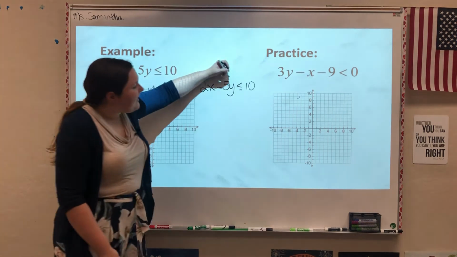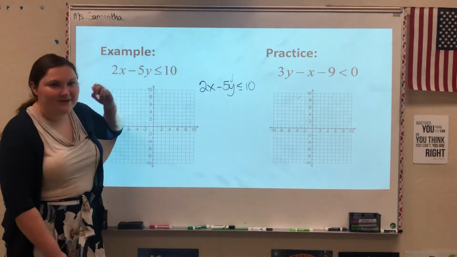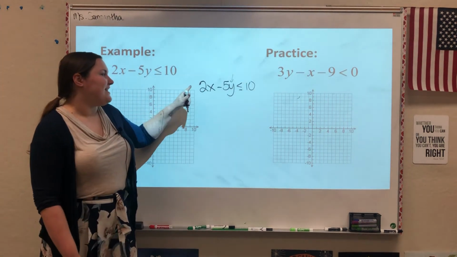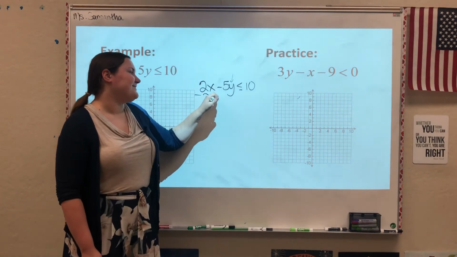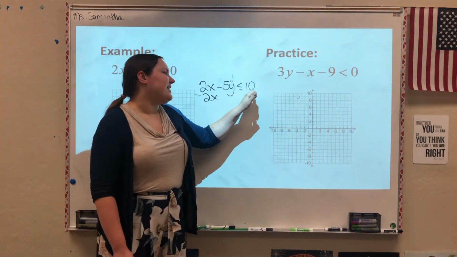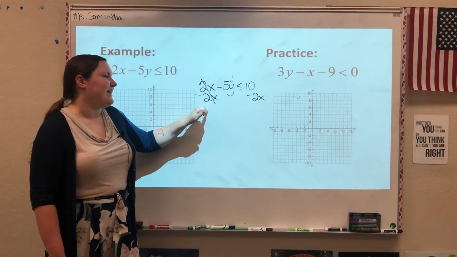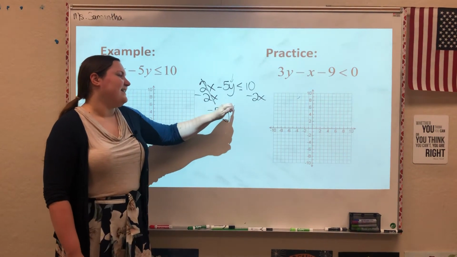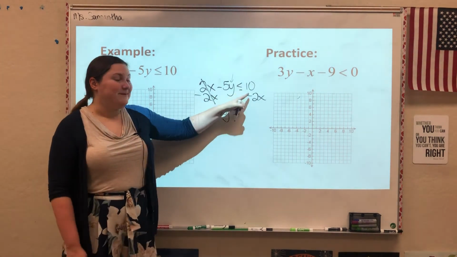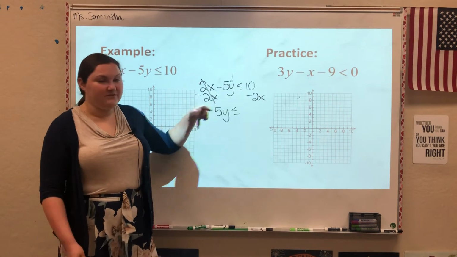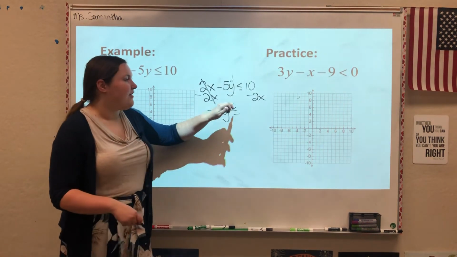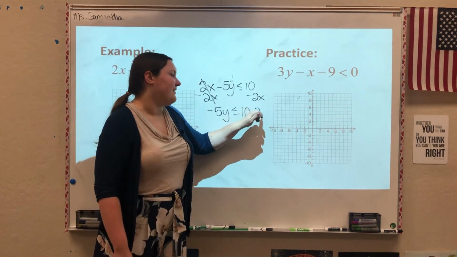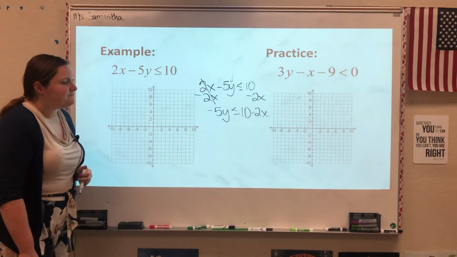Well, if I want to get y by itself, that means I need to get rid of that 2x, and I can do that since it's positive with subtracting 2x. If I subtract 2x on both sides, we get minus 5y is less than or equal to 10 minus 2x. Well, they both don't have x's, so I can't subtract them. All I can do is just copy both of them down and say 10 minus 2x.